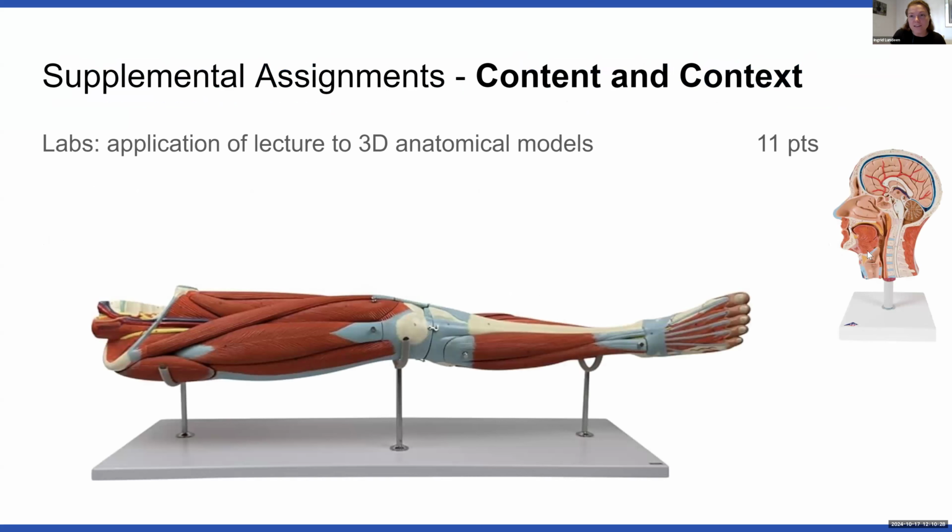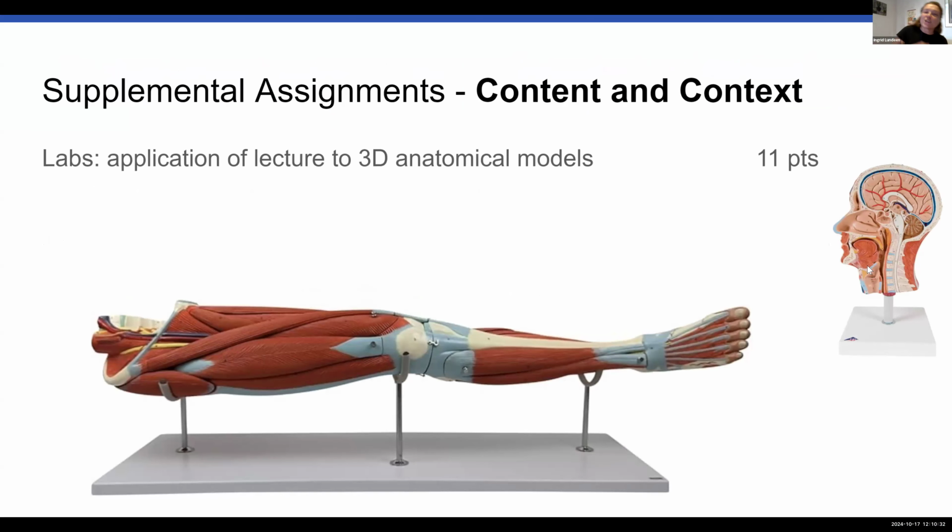Then they had a bunch of supplemental assignments, and these were really fun. These are supposed to be testing them on the content and the context. We had lab assignments where students would come in and as a group work together to identify different labeled anatomical features on the anatomy models in class.